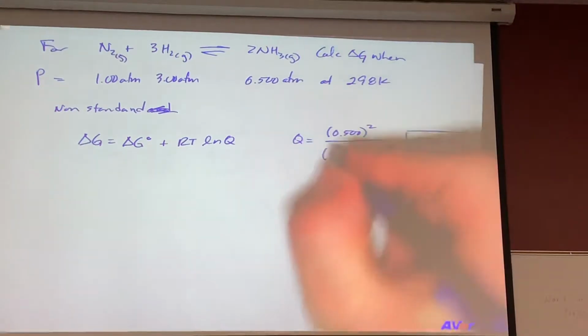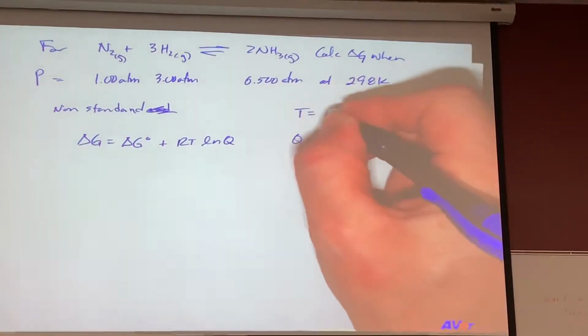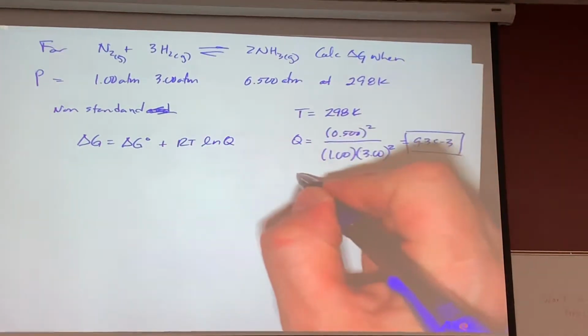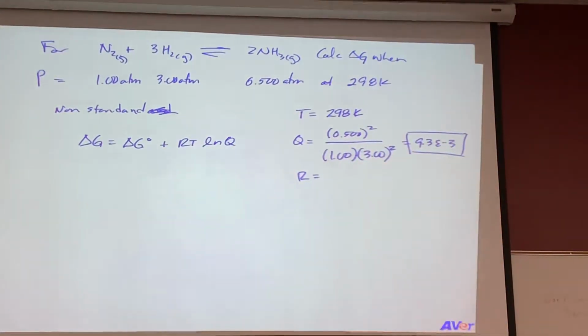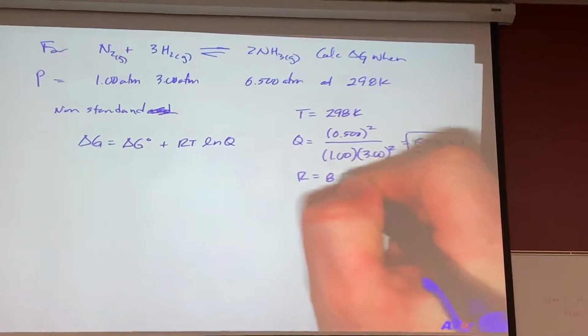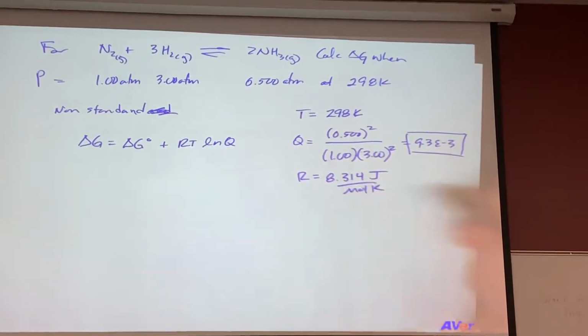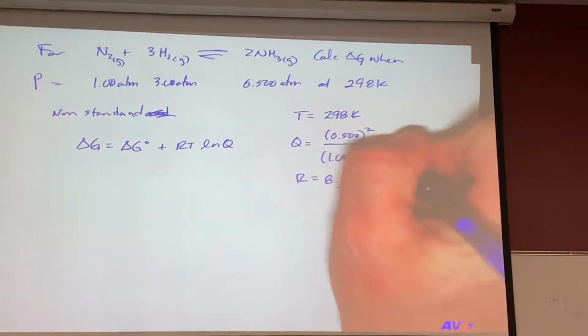And then you've got T equal to 298 K. And then remember, R for this one is not the ideal gas constant, but it is... Shouldn't the 3 be cubed in that one? Yeah. Okay.